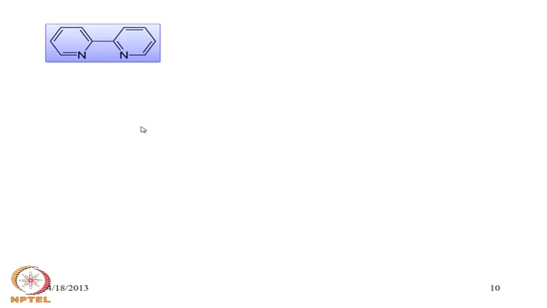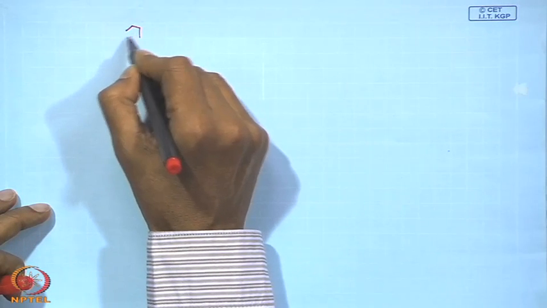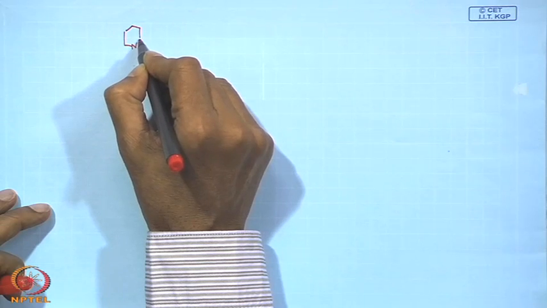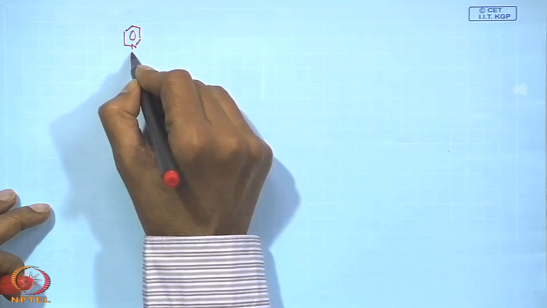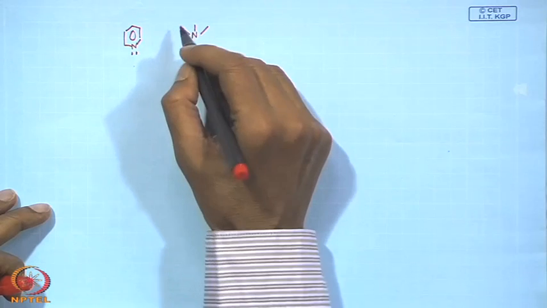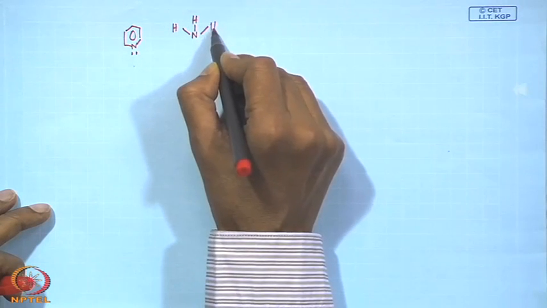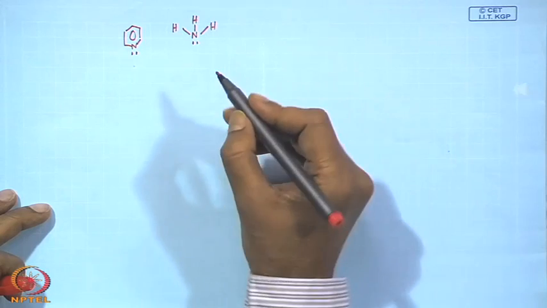So, there are a few examples related to the classification of this ligand system. We have seen that the pyridine system, like ammonia, has donor atoms.